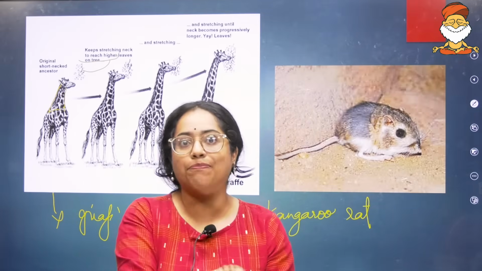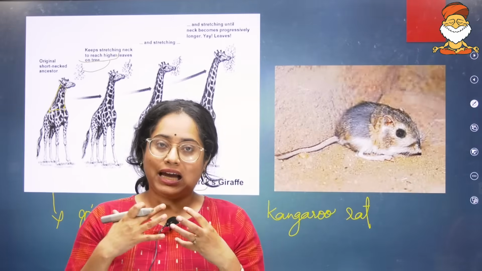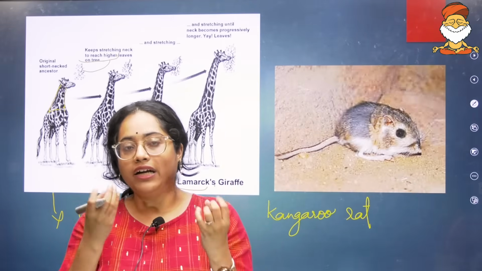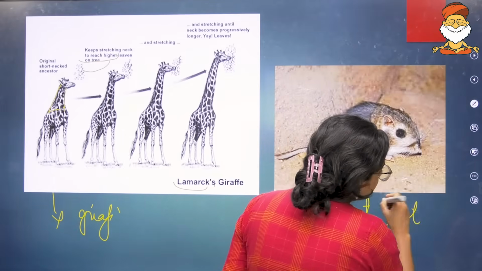So whenever it gets prey, it consumes the prey and stores the content of it in its body in the form of fat.